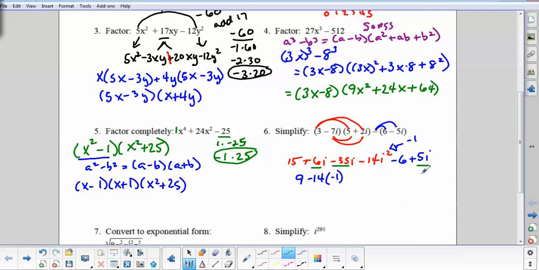So 11 minus 35 would give you minus 24i. Alright, so 9 plus 14 is 23. And you want to bring down your negative 24i.